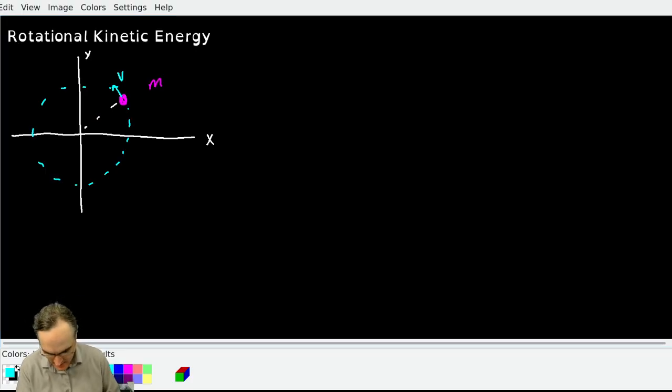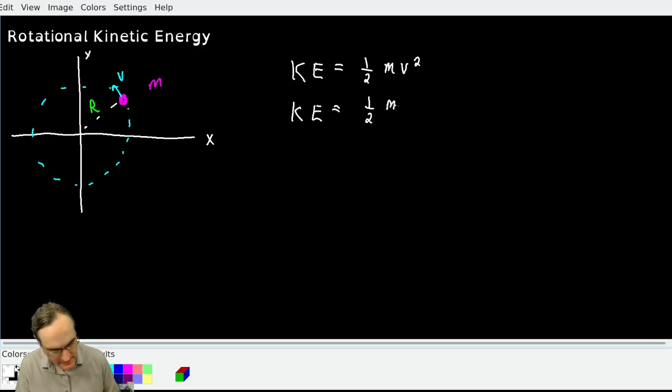Let's see, I like to color code things, so let's make r green. All right, so the kinetic energy of translation would look like 1/2 mv squared. But we know how to rewrite the tangential velocity now in terms of the angular speed.